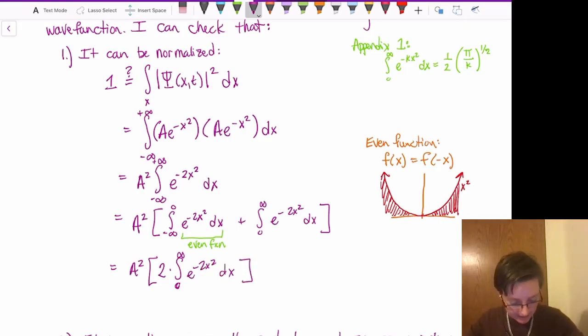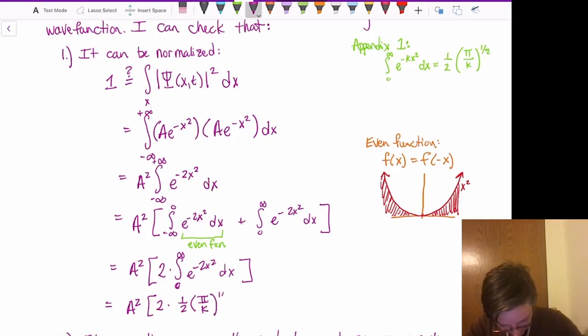And just like I alluded to earlier, if we substitute in for the appendix 1 integral, k is equal to 2, that means that we don't even actually have to do an integration. We can just plug in our result. So it's 2 times what appendix 1 told us this would be, which was pi over k to the 1/2 times a factor of 1/2.